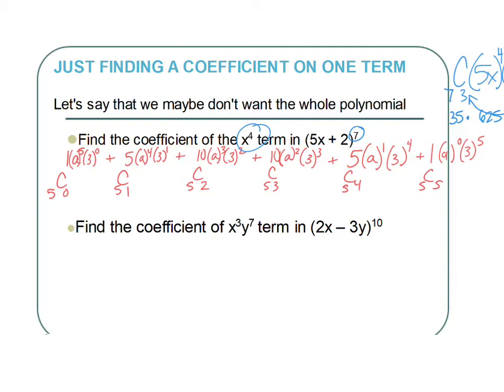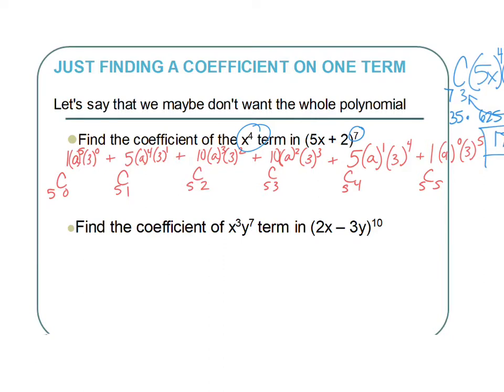I'm going to go ahead and multiply those 3 numbers together. 35 times the 625 times the 8. All right, if I were to have FOILed this out, it would have gotten pretty messy to the 7th power, and this one particular term would have a coefficient of 175,000. That's the answer they want, just the coefficient on the one term.